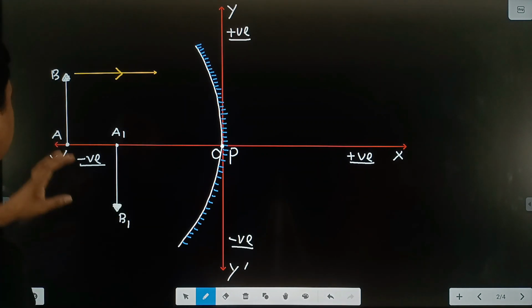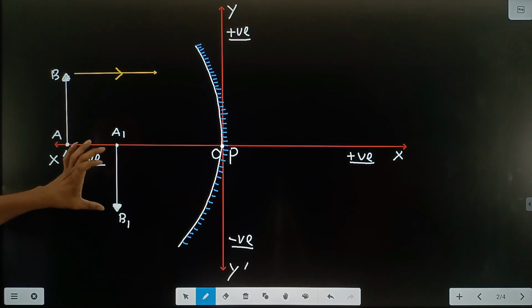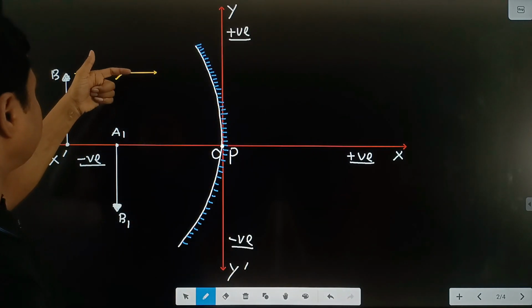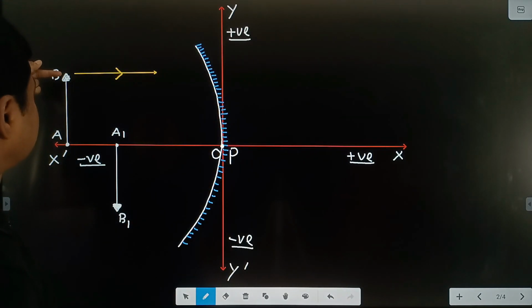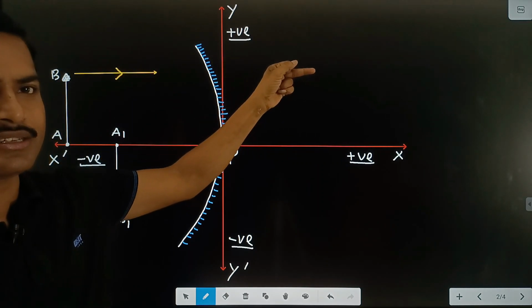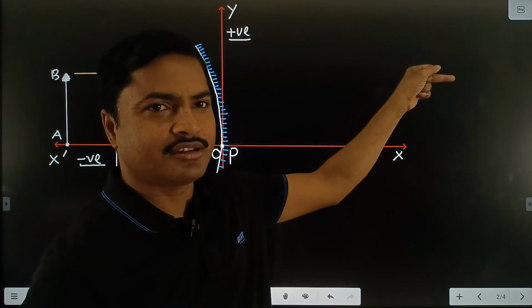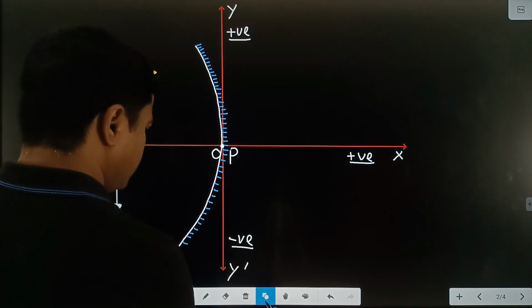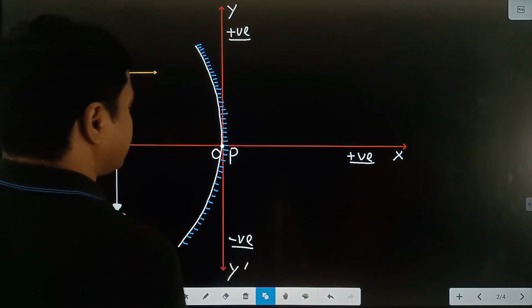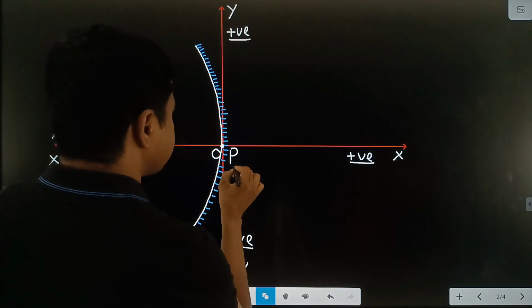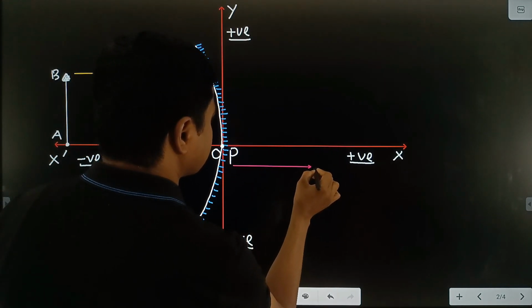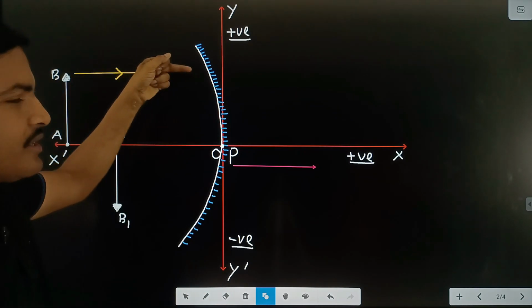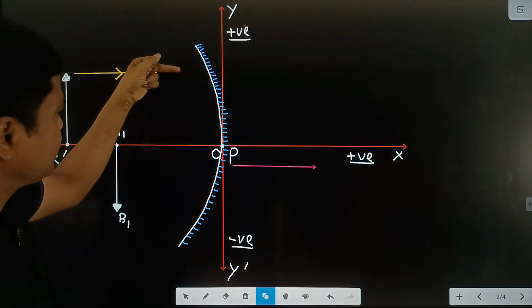Here AB is the object, and A1 B1 is the image, and this one is the incident ray. The direction of the incident ray is along the positive x-axis.